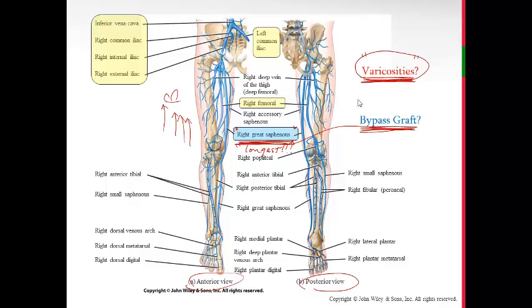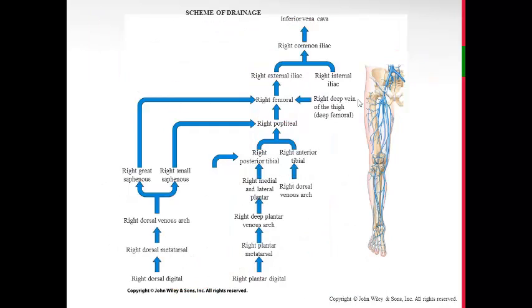So I want to make sure you know about that. And here is the scheme of drainage. The ones we've mentioned earlier, for instance, the right femoral vein, and we also have the great saphenous vein that feeds into it, feeds into the external iliac, internal iliac, and both of them drain into the common iliac and back into the vena cava.